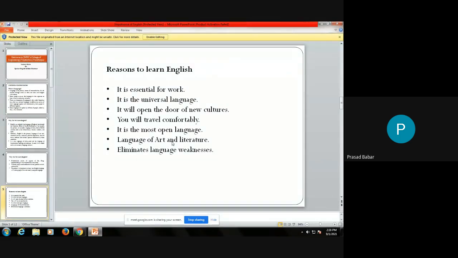So if we want to know the culture of other people, such as South Indians or North Indians, or Northeast India, there are states in the Northeast called the Seven Sisters.